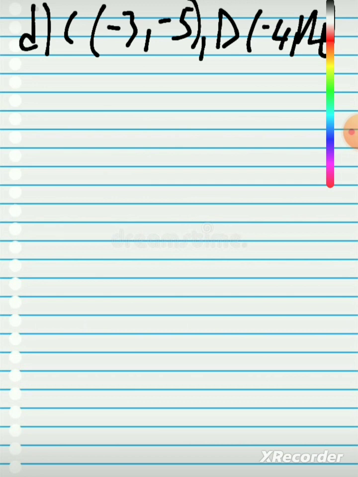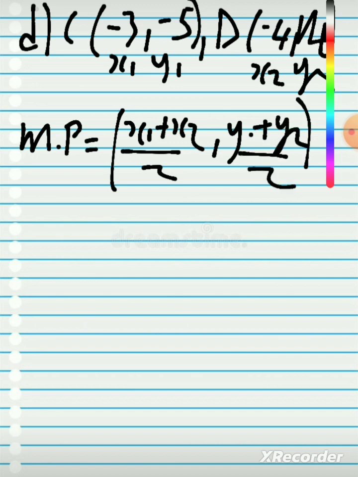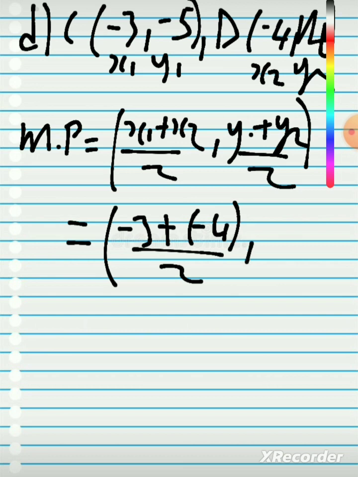Okay, so for the midpoint, we name them first, by the way: x1, y1, x2, y2. So midpoint is x1 plus x2 divided by 2, comma y1 plus y2 divided by 2. Our x1 is -3, our x2 is -4, divided by 2. Our y1 is -5, our y2 is 14.